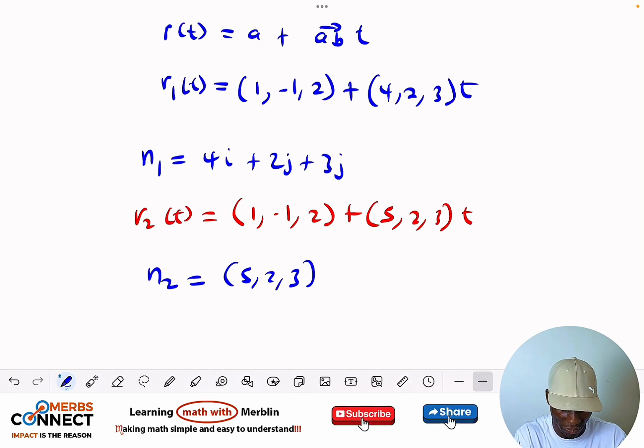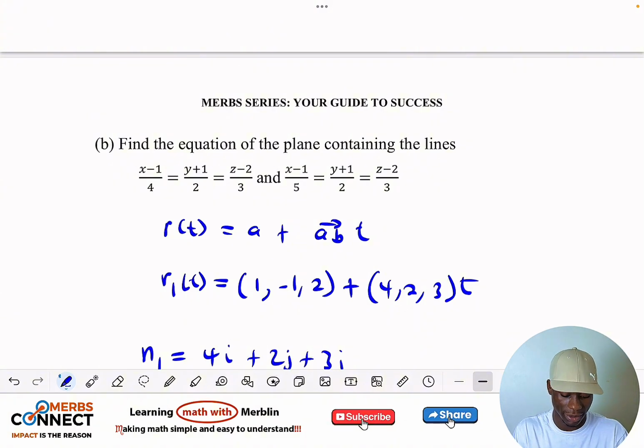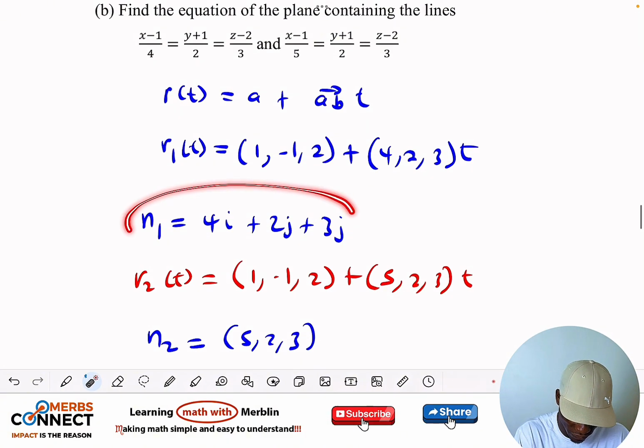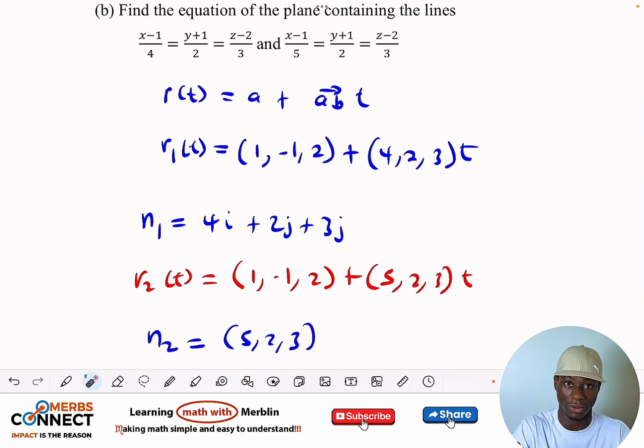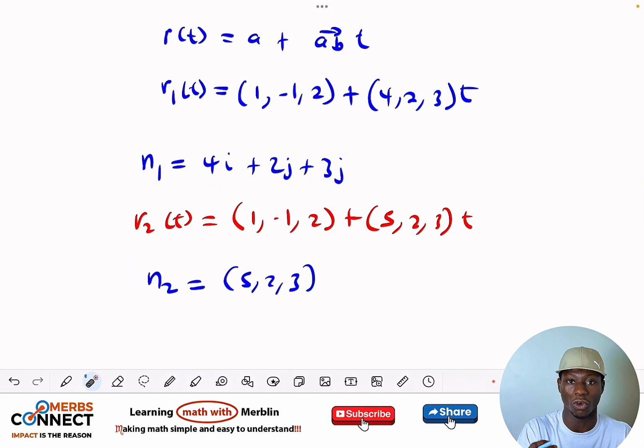So my vectors, I have 4, 2, 3, and then I have 5, 2, 3. Now the question is asking us to find the equation of the plane. Now remember, with the equation of the plane, we need to use the normal vectors. So we are going to use the directional vectors to find the normal vector.